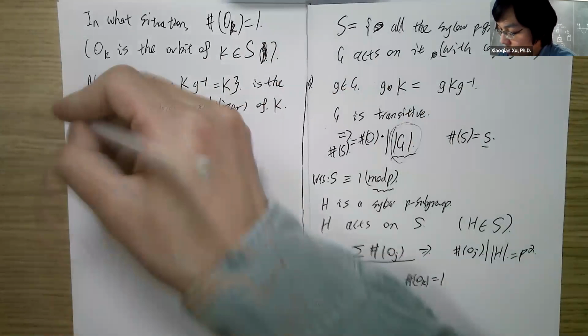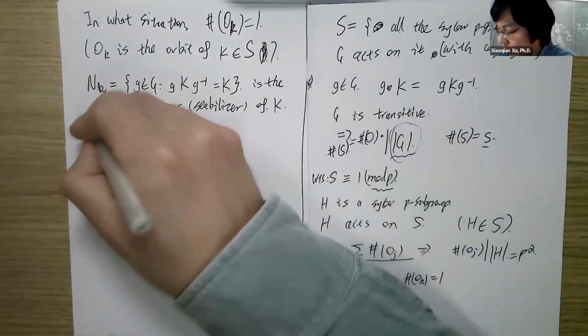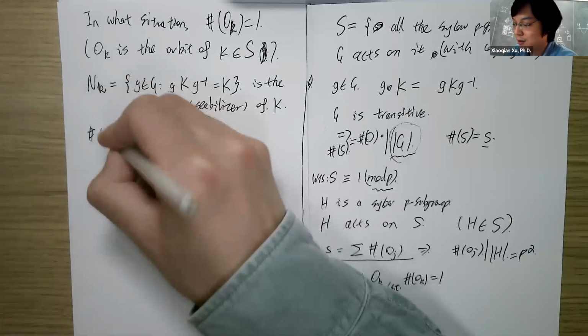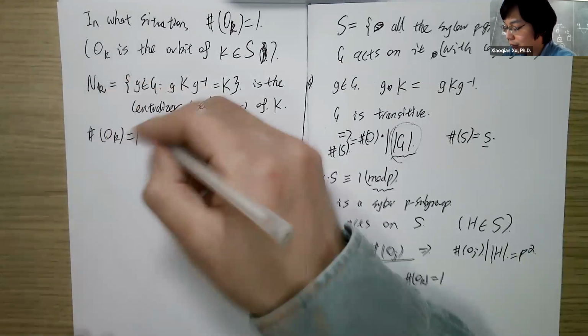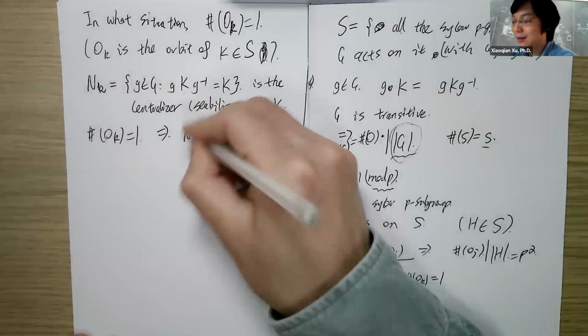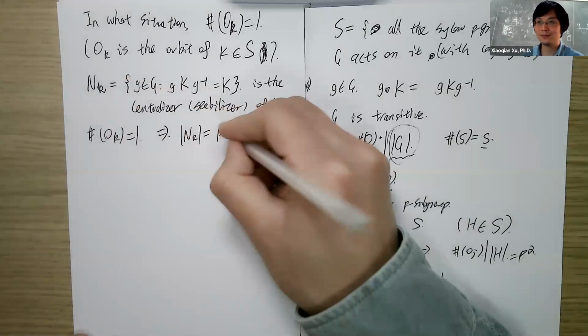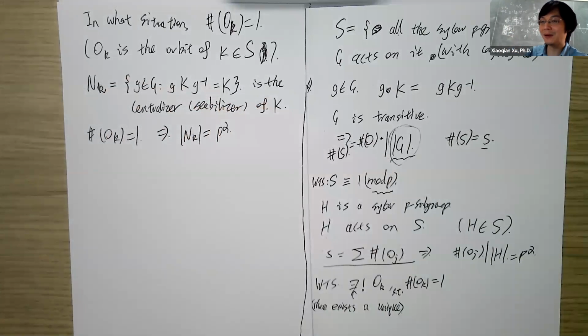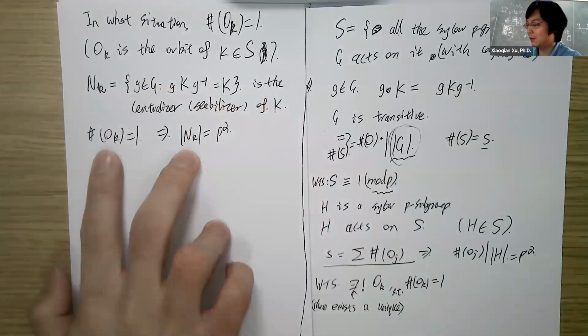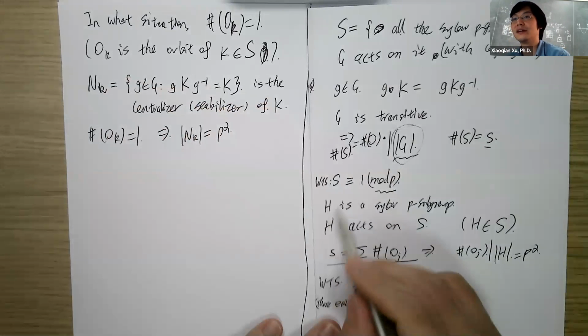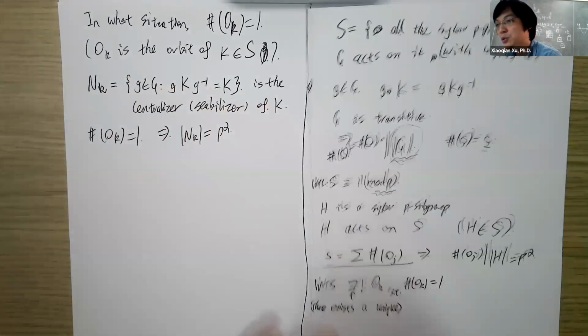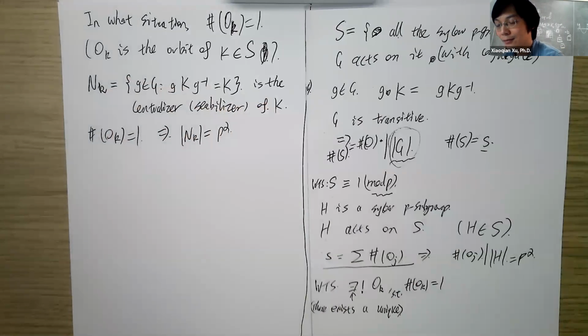If we know that this orbit contains only one element, that means N_K should contain P to the alpha elements, right? Because we know that the multiplication of these two equals the order of your acting group H, which is P to the alpha. Okay.